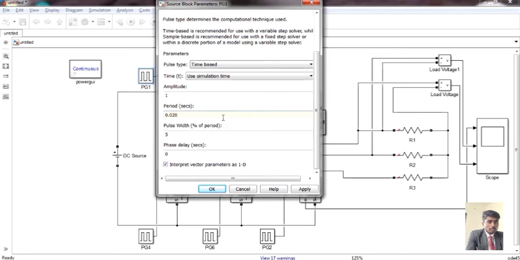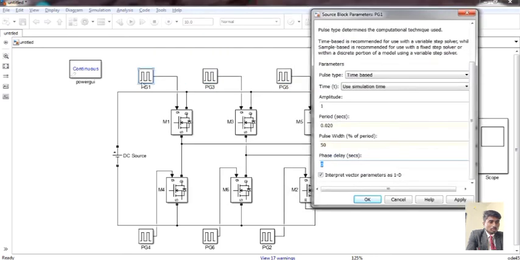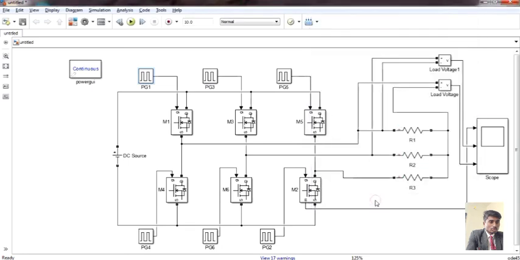And now we change the values of gate pulse 3. The other values are the same, and we change the phase delay to 120 divided by 360. The period value remains the same 0.020 with pulse width 50%, and only the phase delay changes from 120 to 360.